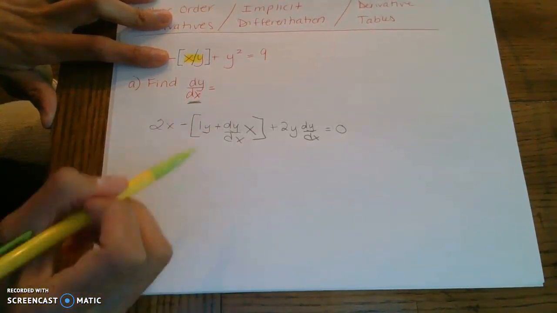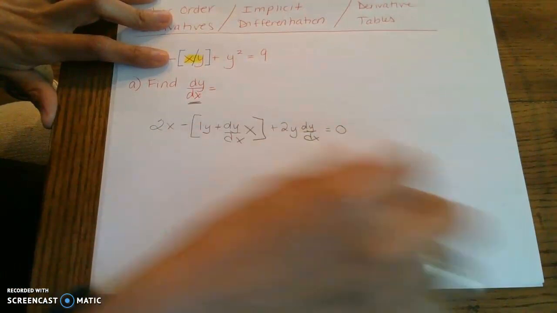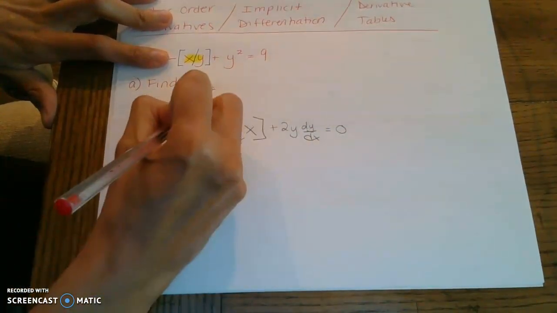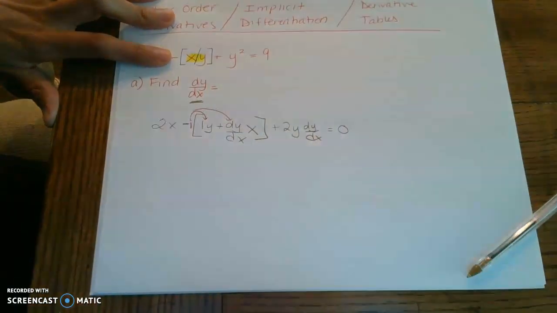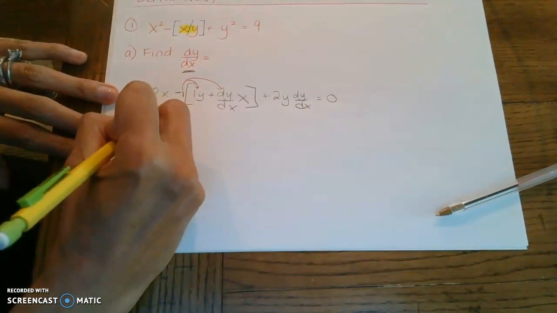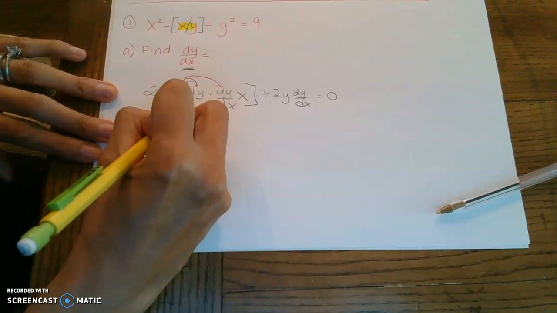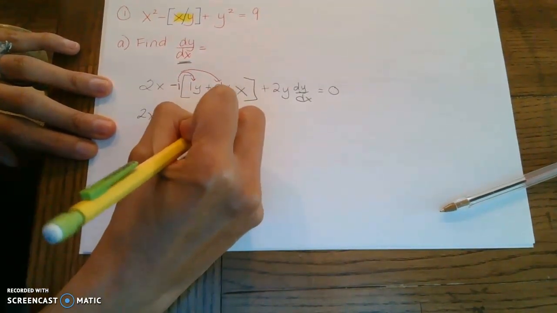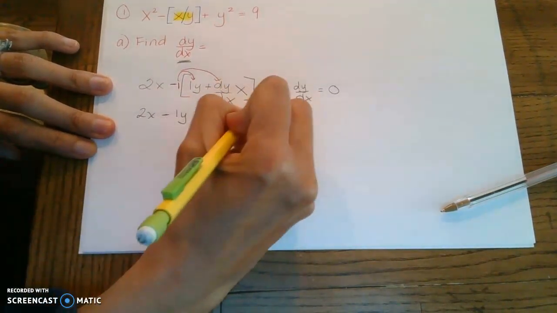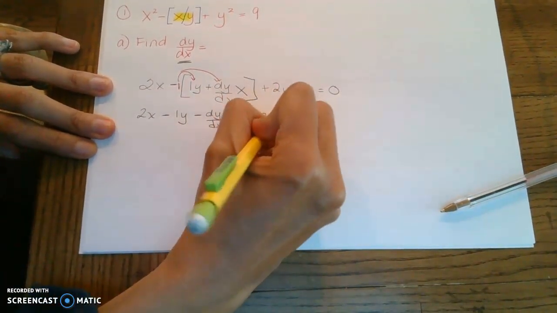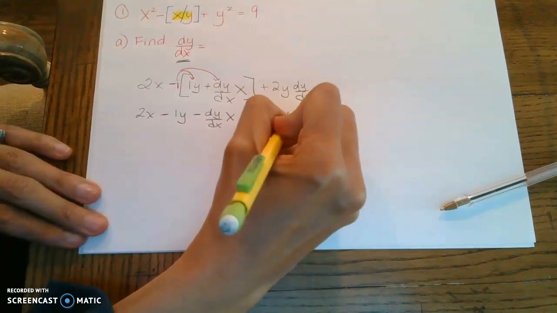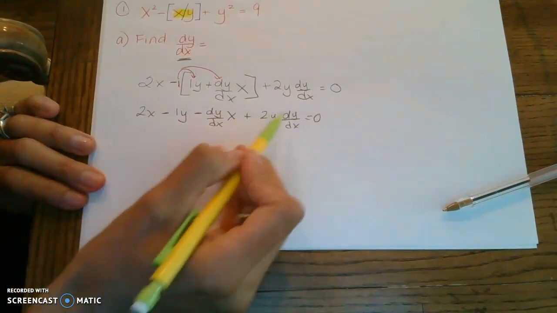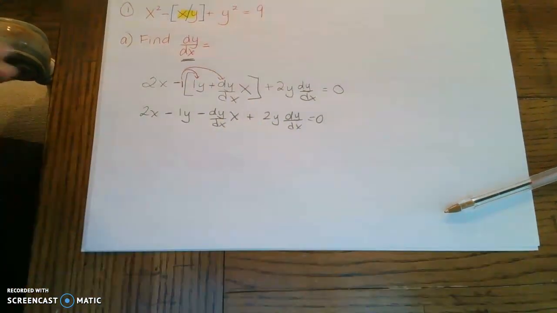But before I can do any of that, I have to deal with this parentheses. This negative 1, now I'm going to distribute that in. When I do that, I get 2x minus 1y minus dy dx times x plus 2y dy dx equals 0. So now I have these two dy dx's.